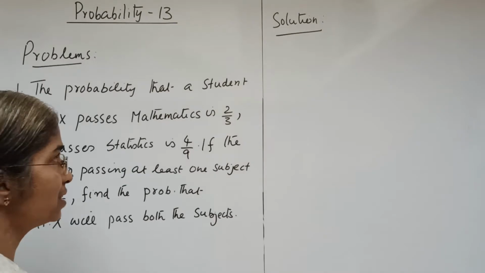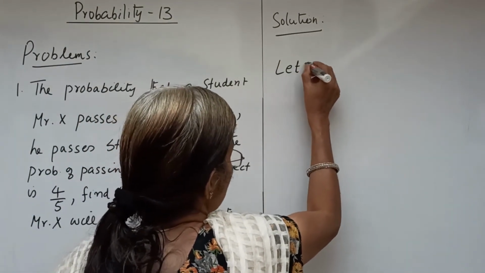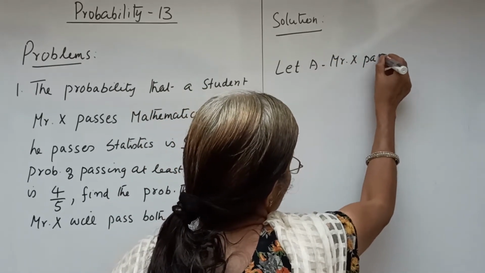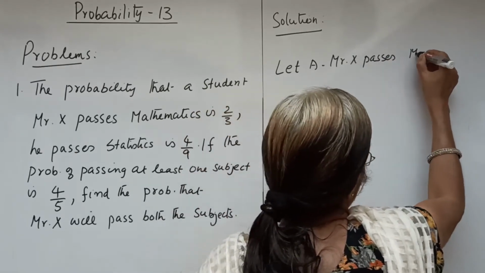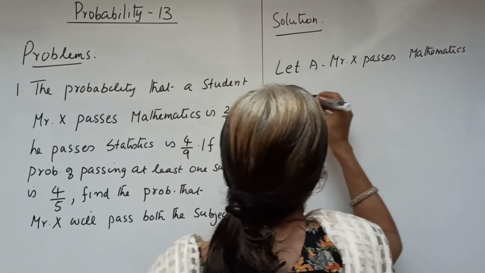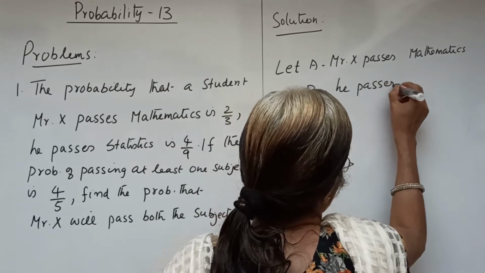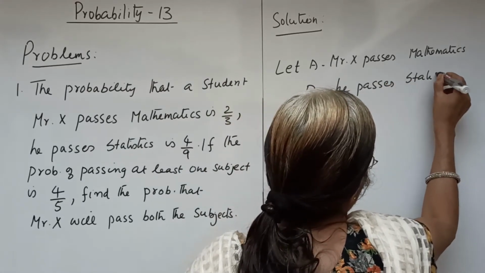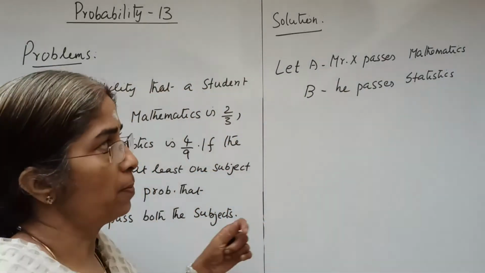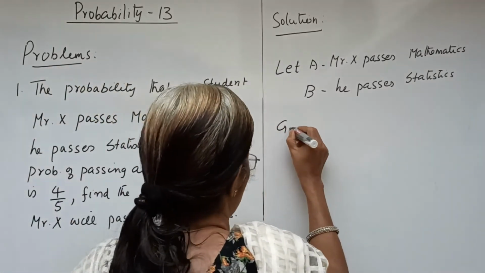Let us consider two events: let A be that Mr. X passes mathematics, and B that he passes statistics. We write the given probabilities in terms of these events. So what is given?